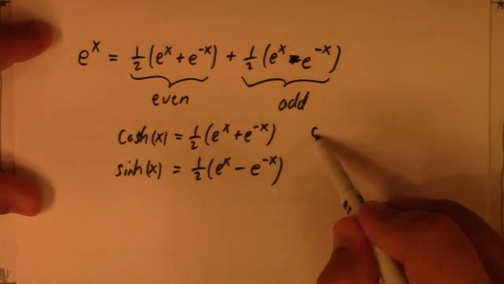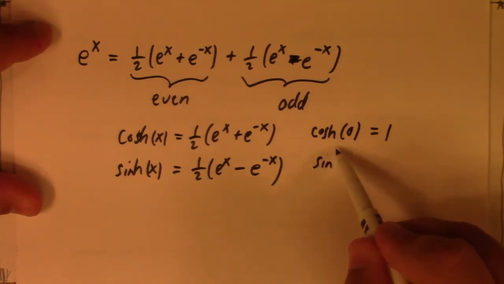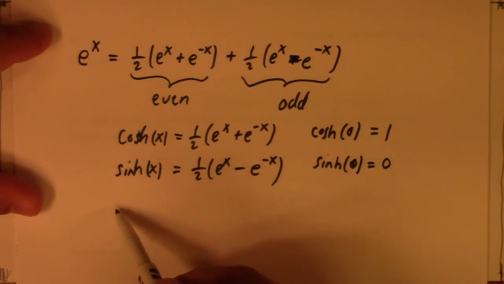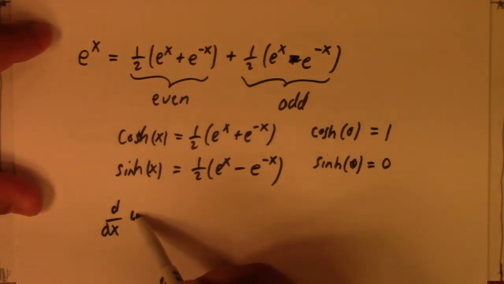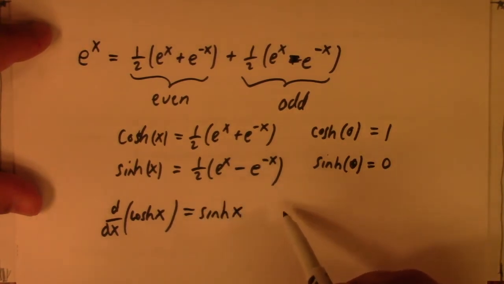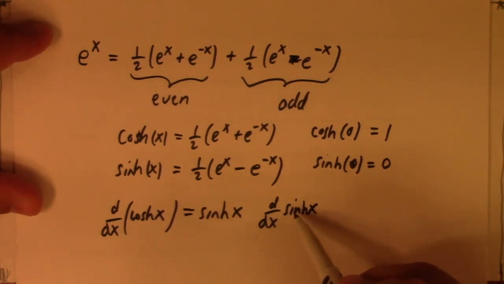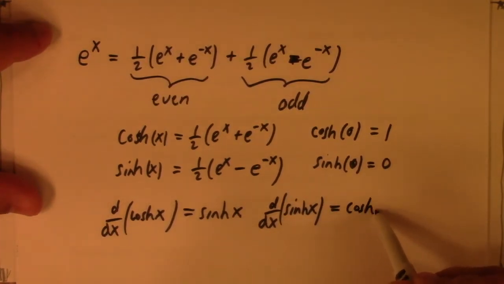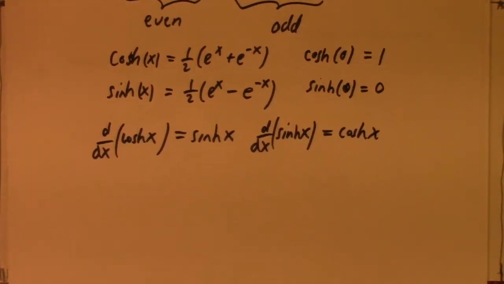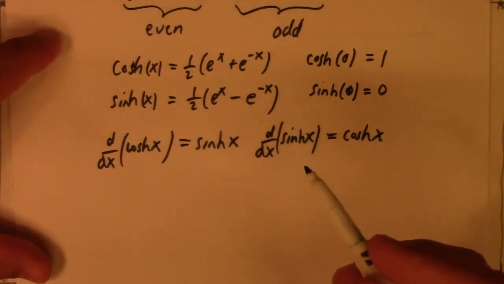From those, it's immediately easy to see cosh of 0 is 1, sinh of 0 is 0, and other things like the derivative with respect to x of cosh x is what? It's sinh x. And also the derivative with respect to x of sinh x is cosh x. And there's more. Fundamental identities for cosh and sinh. You can try this out.